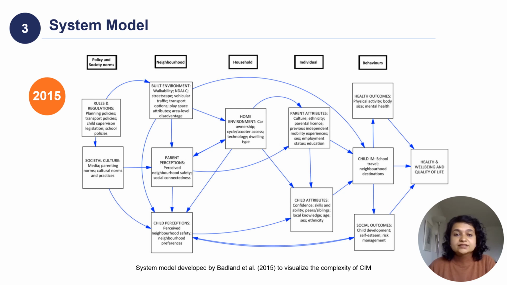They argue that instead of linear relationship as conceptualized earlier, it is the interdependencies and mediating and moderating effects among the factors that affect children's independent mobility outcomes the most. I would highly recommend reading more about this concept through their paper.